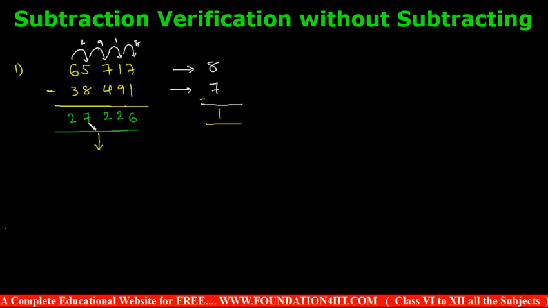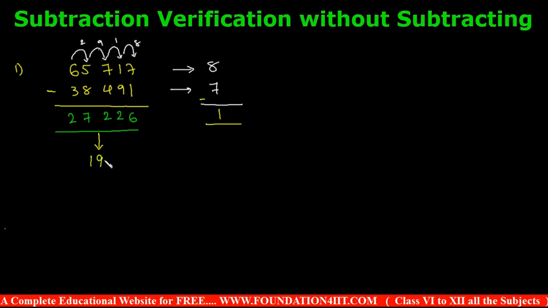So for 27,9 and 9, 2 plus 7 is 9. 9 plus 2 is 11. 11 plus 2 is 13, plus 6 is 19.